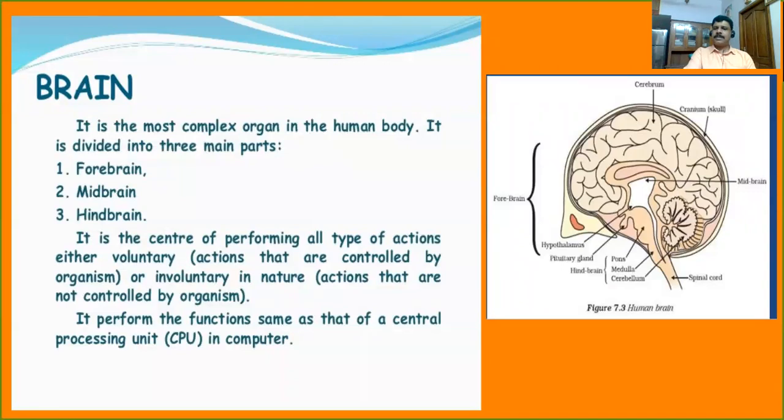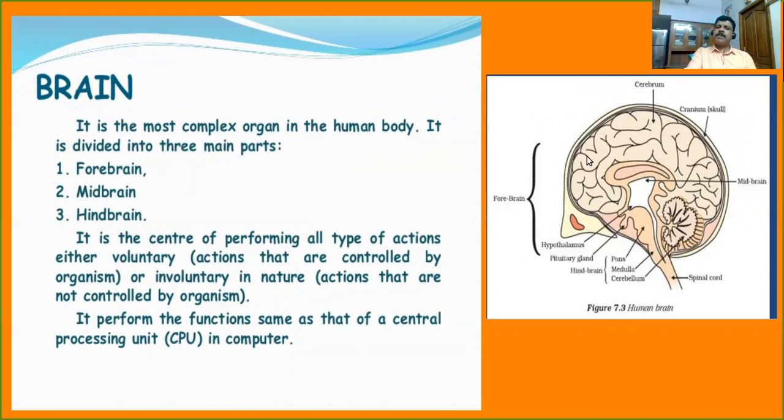Dear students, this is the diagrammatic representation of the human brain. As you know, the brain is the most complex organ in the human body. In this diagrammatic representation, you can clearly understand that the human brain is divided into three main parts.